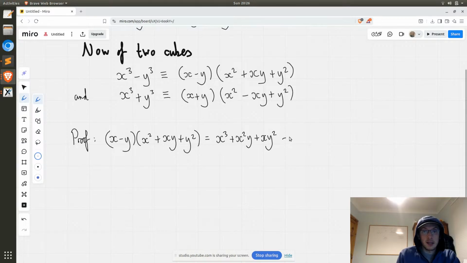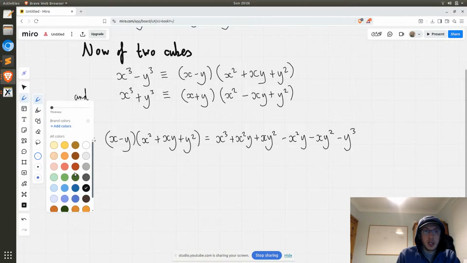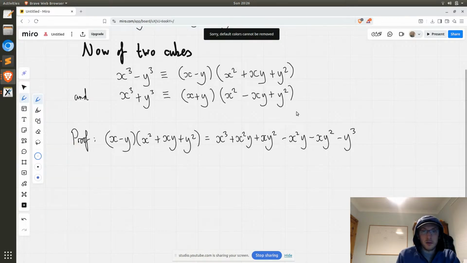So, negative x squared y, negative xy squared, negative y cubed. Who cancels? These cancel, and these cancel, and thus x cubed take y cubed is the truth. Now, how about the other one?